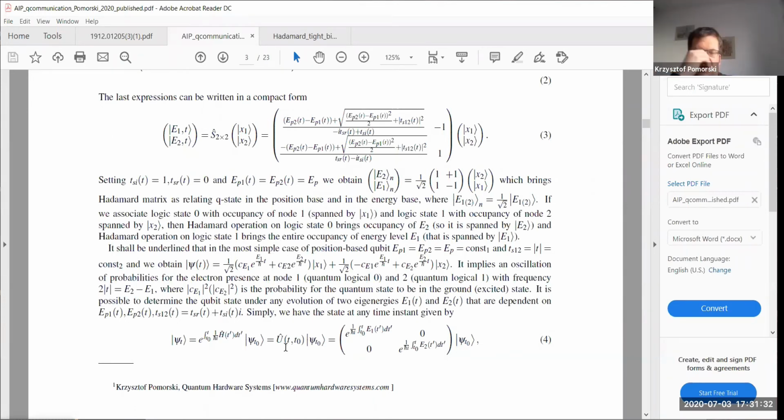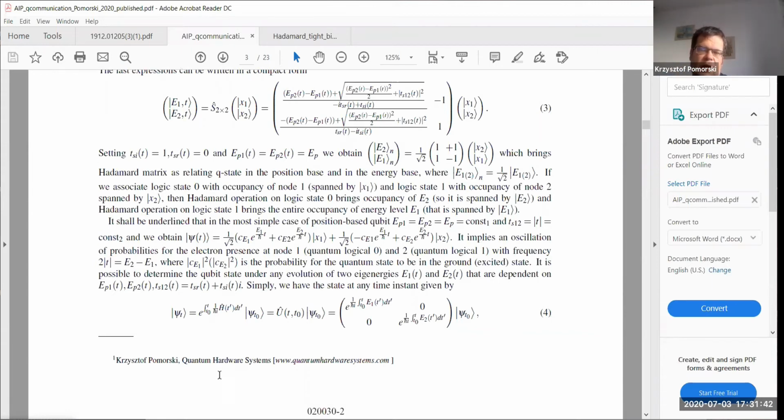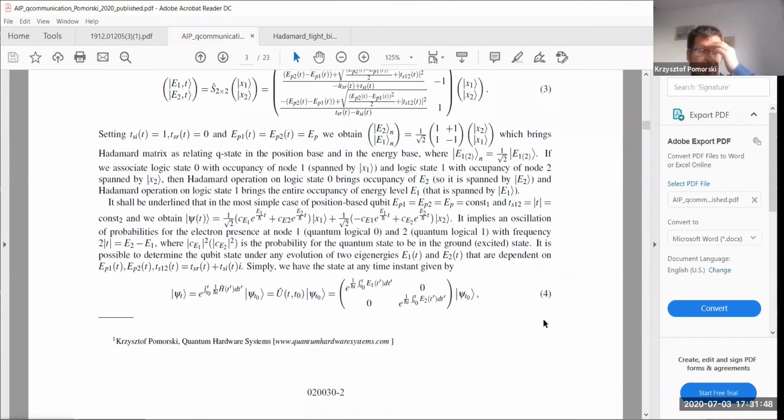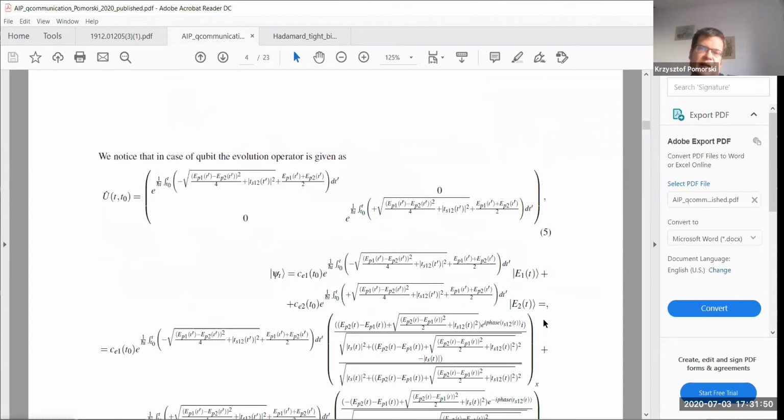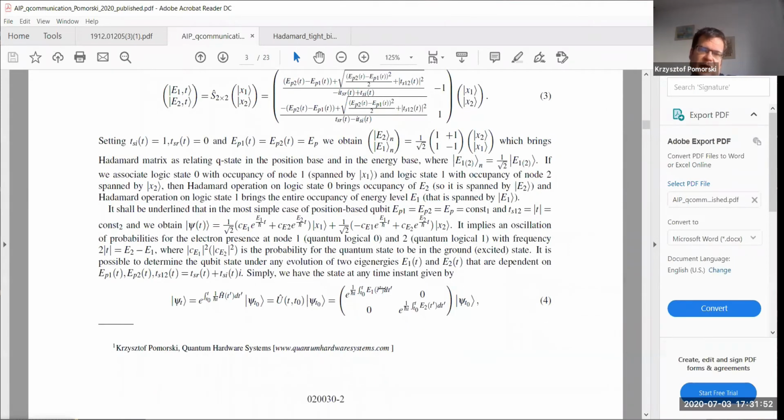So the electron wave function is split into two, and there is no transfer. So the hopping constant Ts is set to 0. In such case, we are dealing with equation number 4, and the evolution is quite simple for this equation with time.